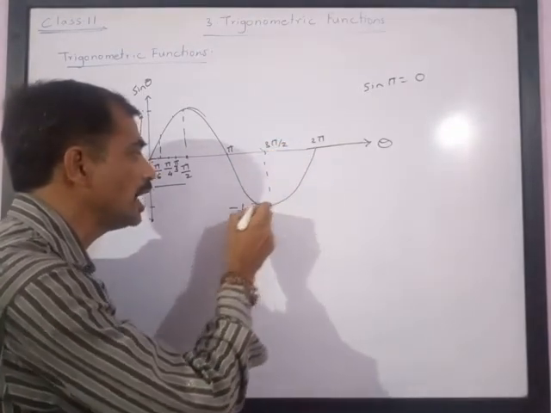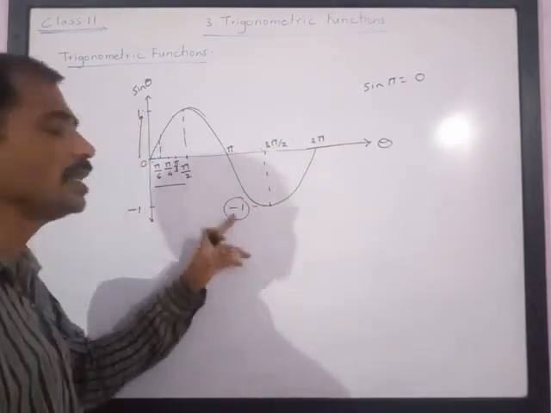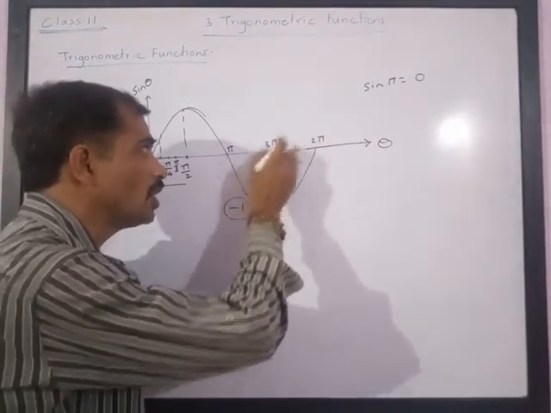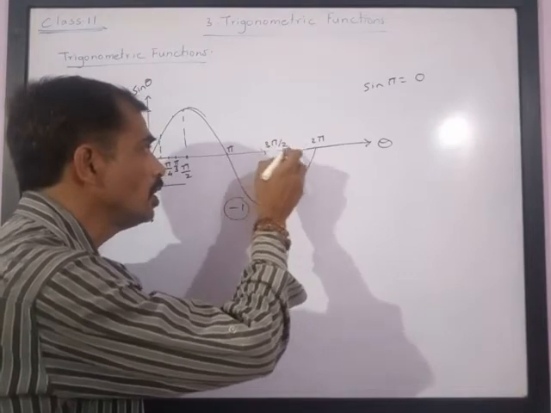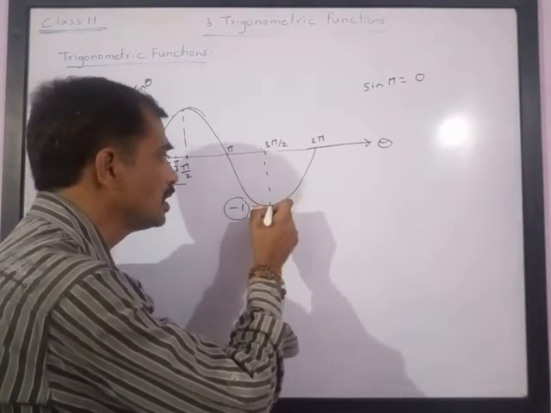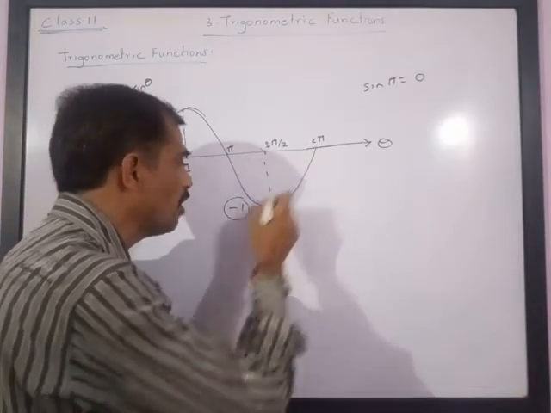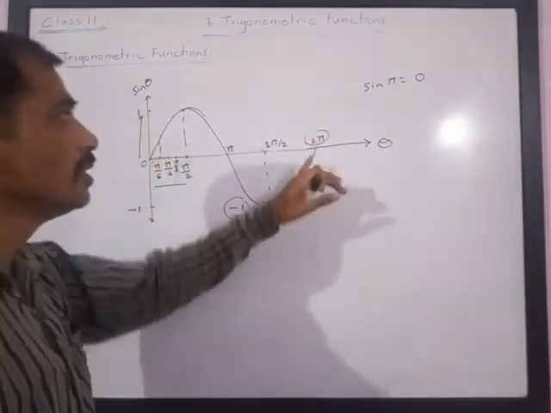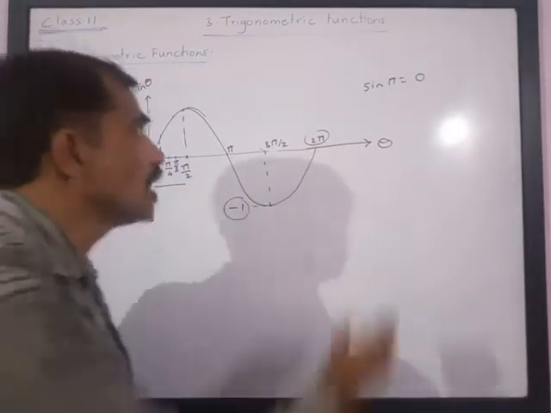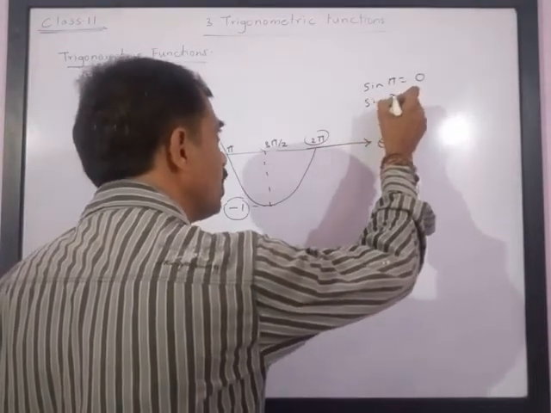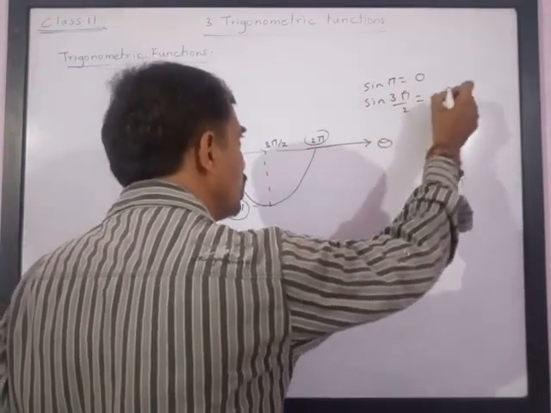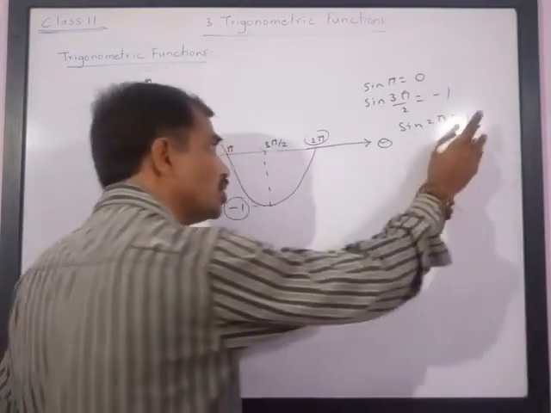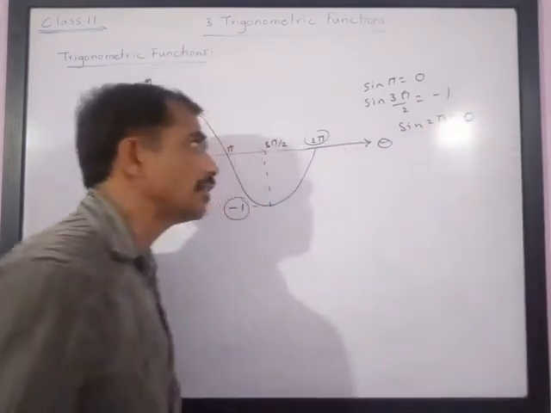The value becomes minimum, that is -1. But after 3 pi by 2, the sine value increases from -1 to 0, and at 2 pi you have the sine value. Sine 3 pi by 2 is equal to -1, and sine 2 pi is equal to again 0.